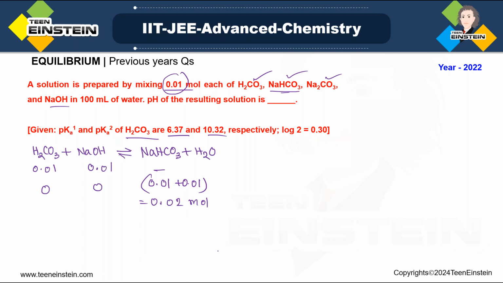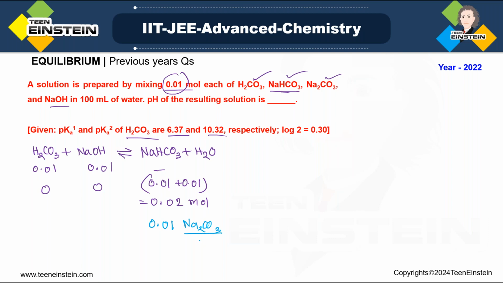Now finally in the medium, H2CO3 and NaOH both are completely consumed, so you do not have them. You just have NaHCO3 0.02, and you also have Na2CO3 that is also present, 0.01 Na2CO3 and 0.02 NaHCO3.